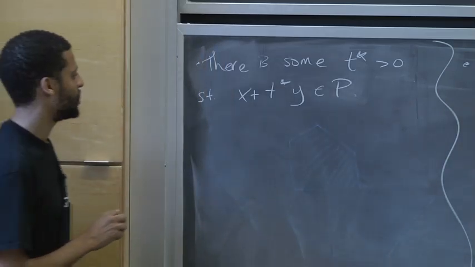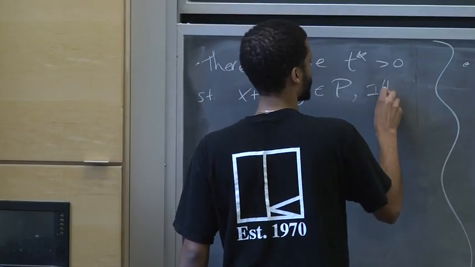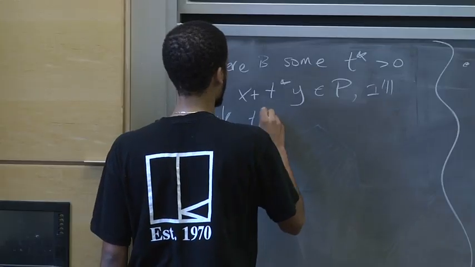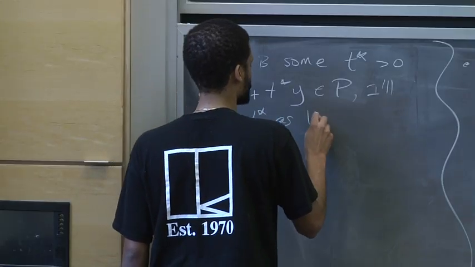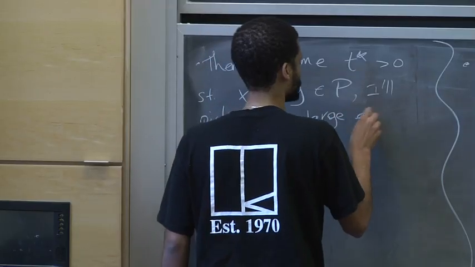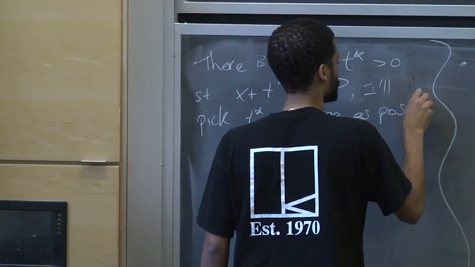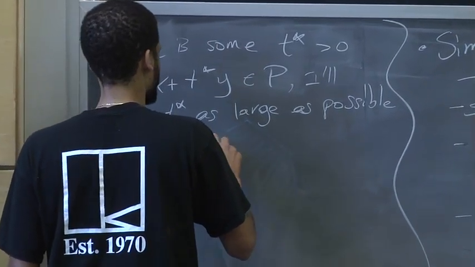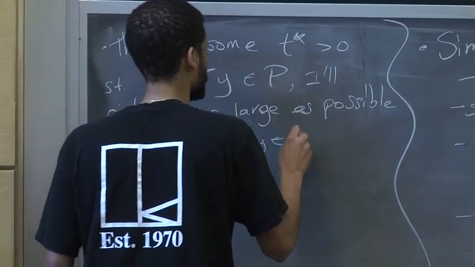And I'll pick t star as large as possible so that x plus t star y is in P.